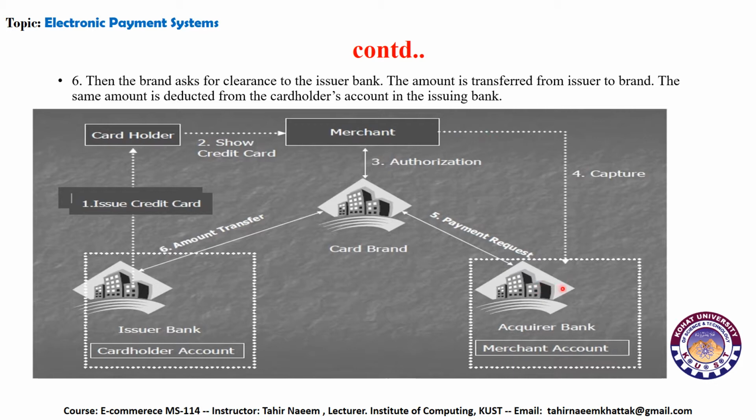The card brand sends this request to the issuing bank, the bank transfers the amount to the card brand, and the card brand then forwards it to the acquirer bank or merchant bank account. So this is typically how the credit card operates.